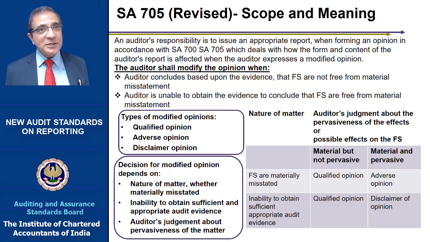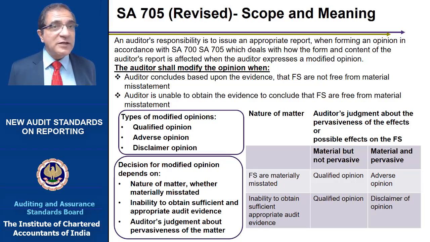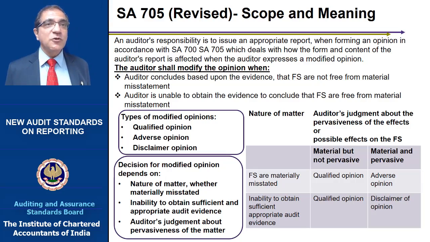He does not have enough information, and he believes that if he does not have this information, the impact would not only be material but will distort significantly the entire financial reporting, and therefore he will have no option but to give a disclaimer of opinion. If at all we have understood this, this would be the basis of the auditor's opinion insofar as a modified opinion is concerned.